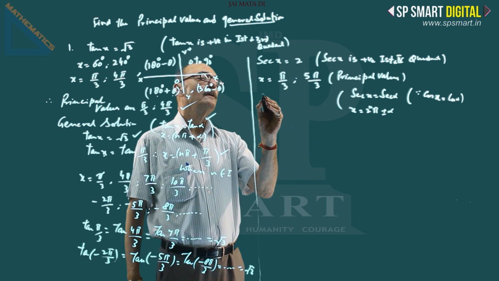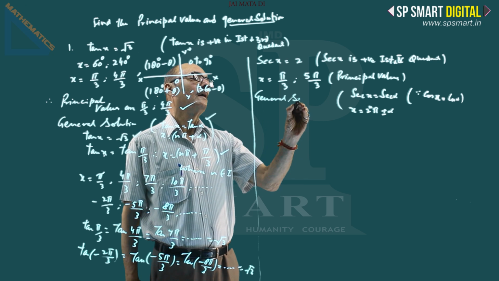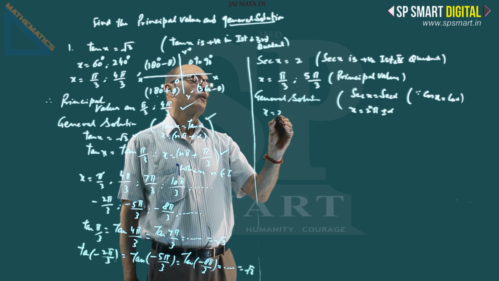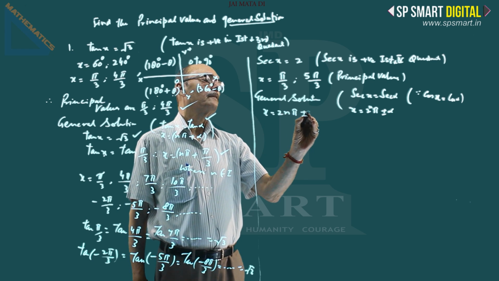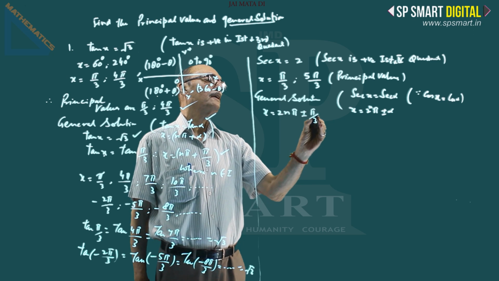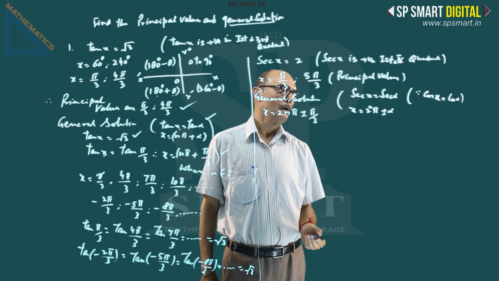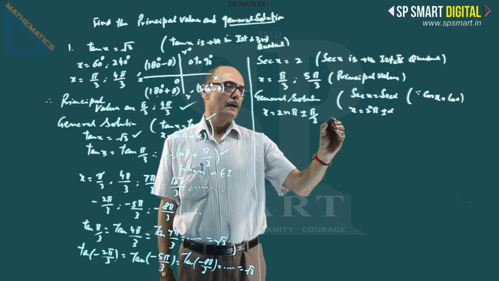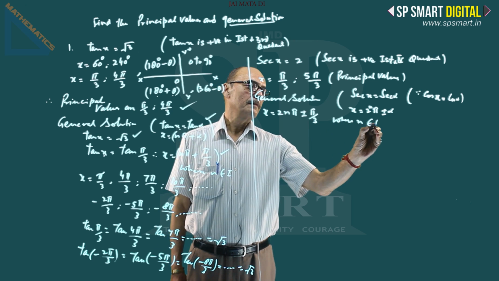So, therefore, the general solution will be x equal to 2 n pi plus minus pi by 3, the smaller of the principal values, where n belongs to the set of integers.